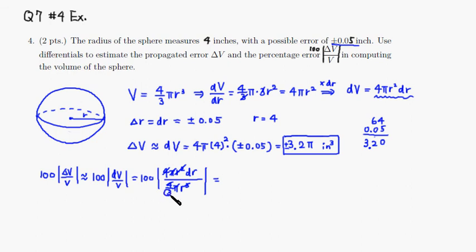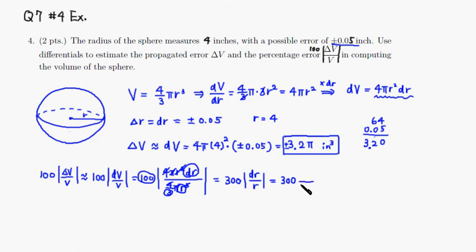So 3 times 100, I'm going to just put the 300 in front. Then there's r on the bottom, and there's a dr on top, inside the absolute value.